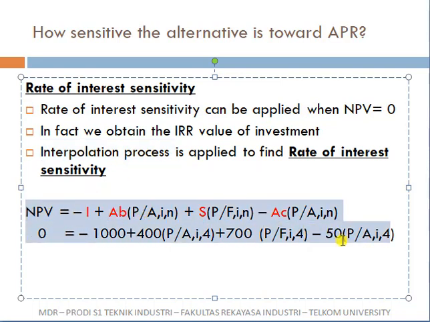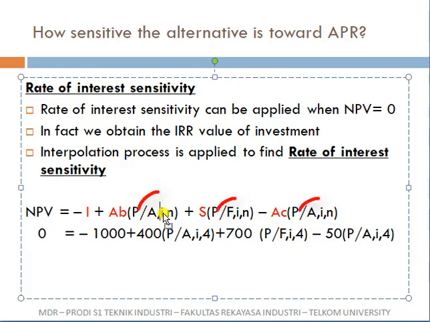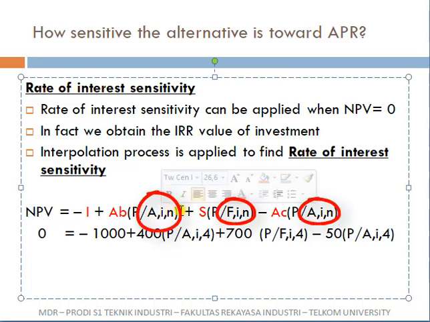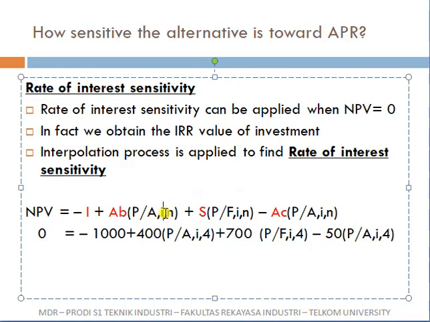We got the formula, and in this case we are going to find the little i in here, because i represents the interest. Just cover this little i, hide it first, and put the other parameters into the exact values: 1,400, 750.